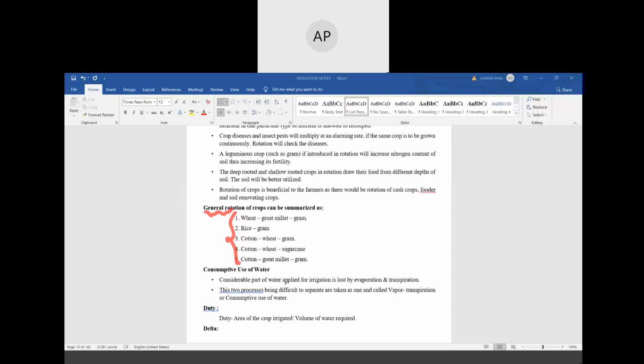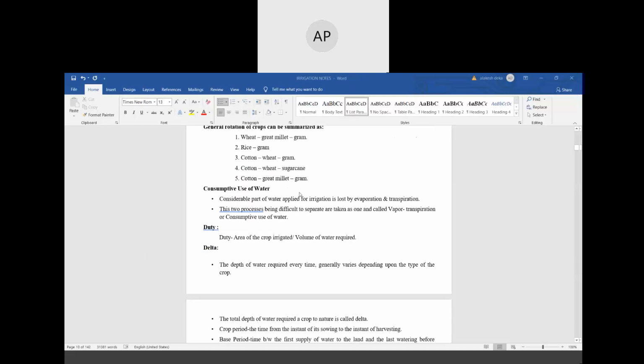Next is consumptive use of water. So, what is consumptive use of water? A considerable part of water applied for irrigation is lost by evaporation and transpiration.